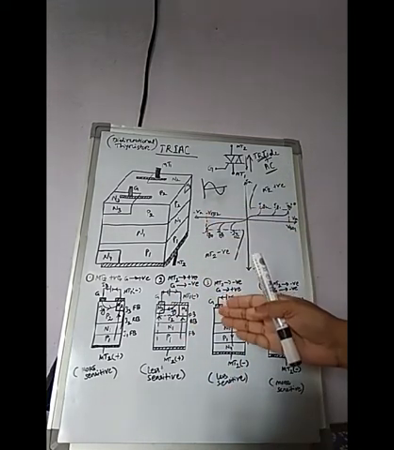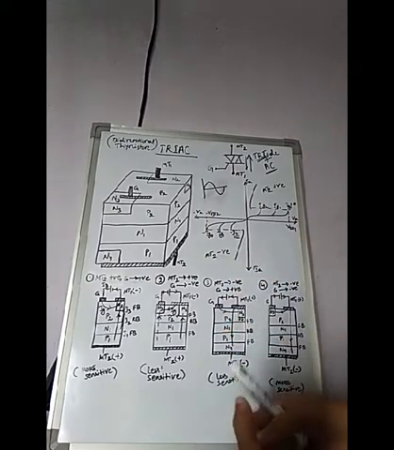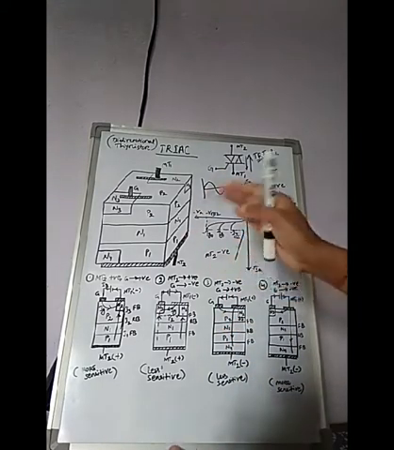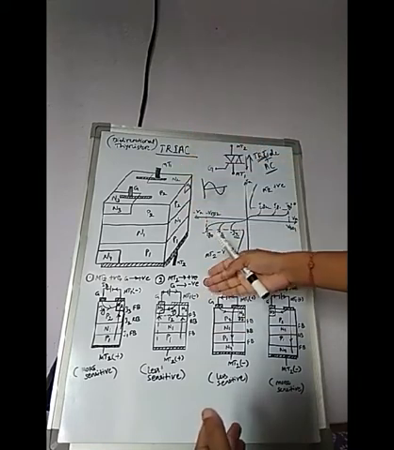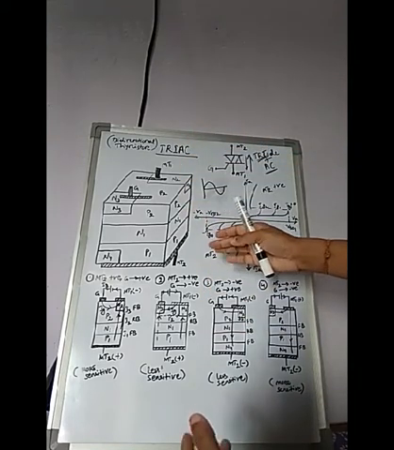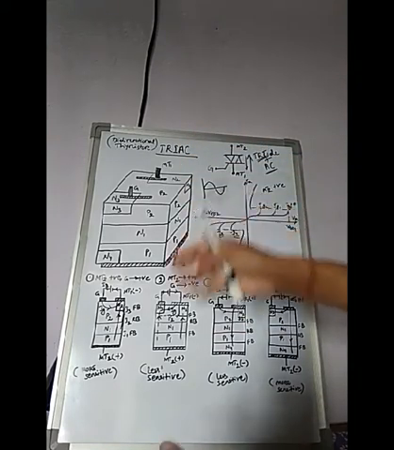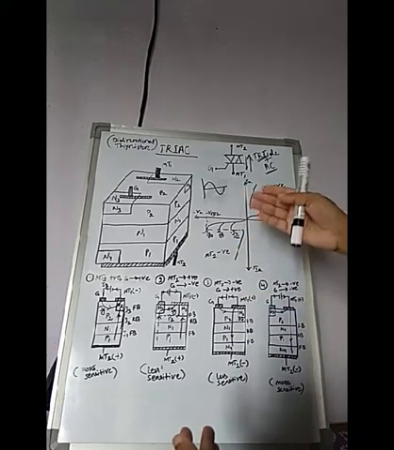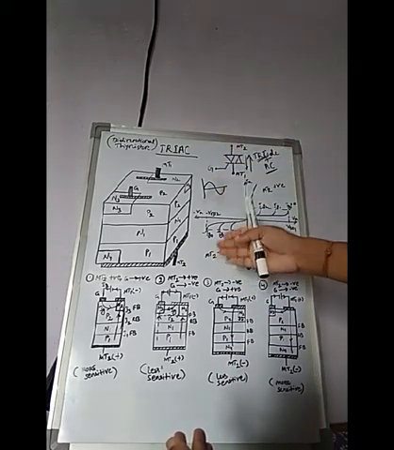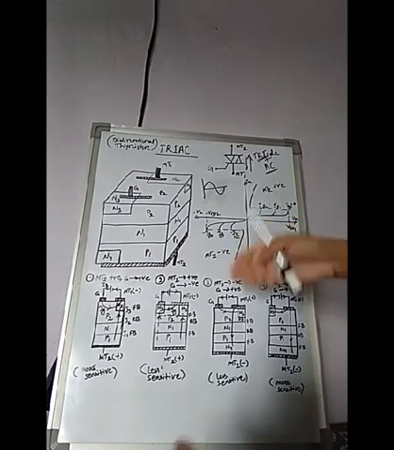In case of AC, when there is no gate signal, the triac will block both the forward voltages and the reverse voltages.